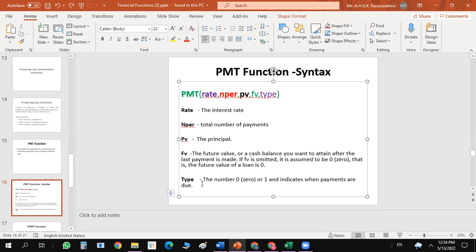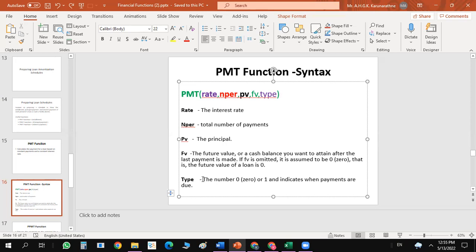Then for type, you need to give a value. If you assign 0, it means loan repayment is an ordinary cash flow. That means the loan is repaid at the end of the period. If you put 1, it assumes you are repaying the loan at the beginning.